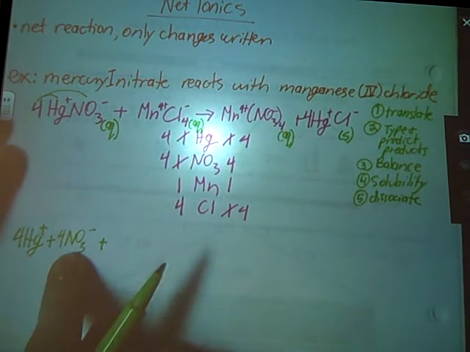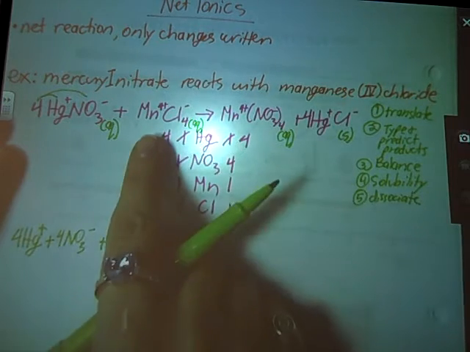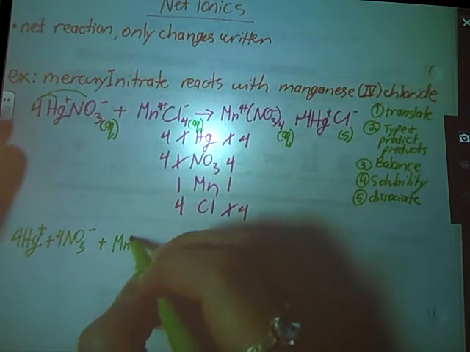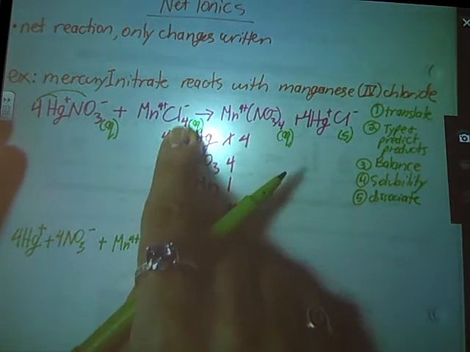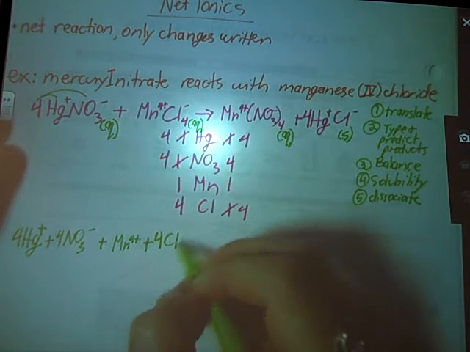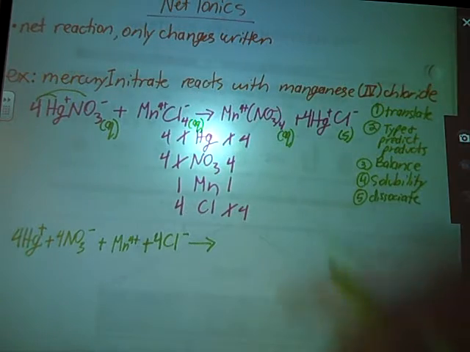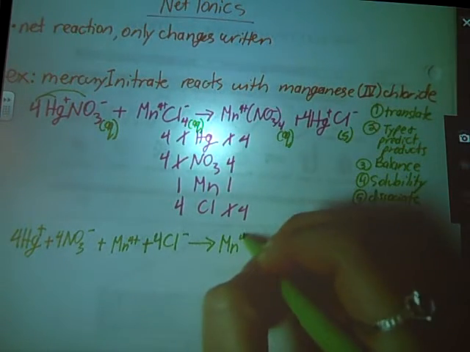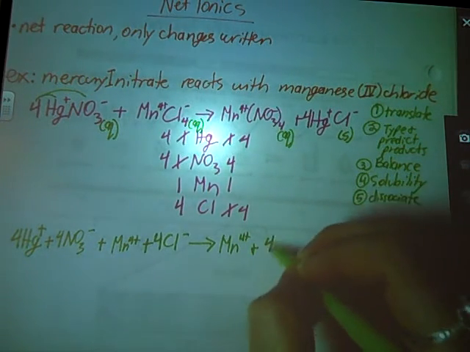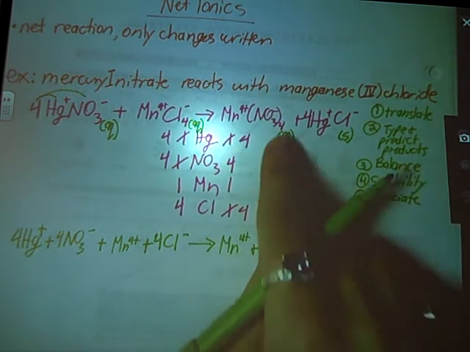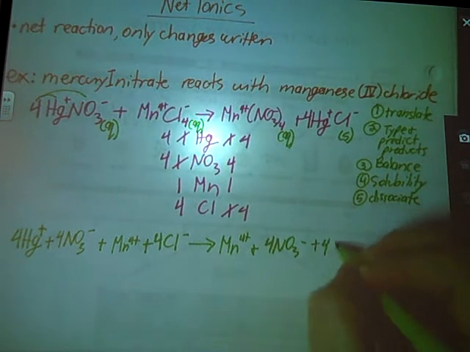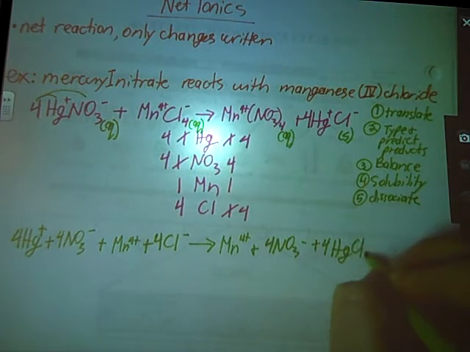So there's my mercury nitrate. Now for my manganese chloride, 1 manganese. Remember, all of our ions dissociate, so I have 4 chlorides. That takes care of the left side. On to the right. Manganese 4 and our 4 nitrates from here. And last but not least is my solid.